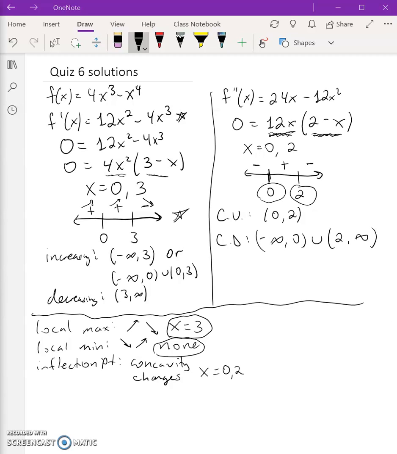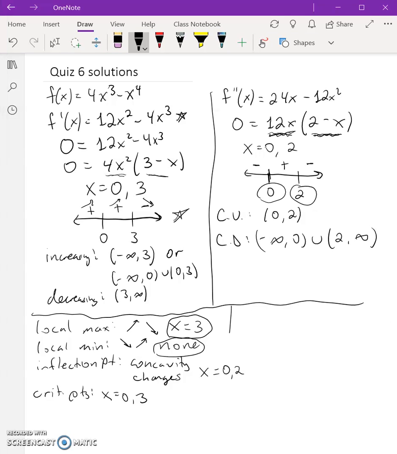So there were 2 answers there. Critical points, remember, are places where our derivative equals 0 or where it is undefined. The derivative equals 0 at x is equal to 0 and 3. It was undefined nowhere, so these are all of our critical values.